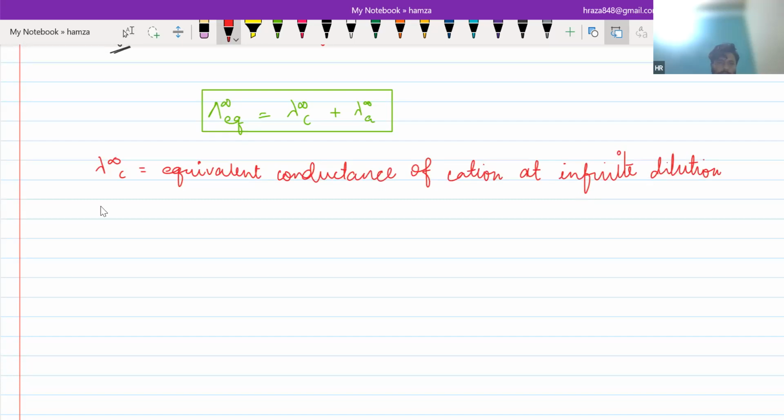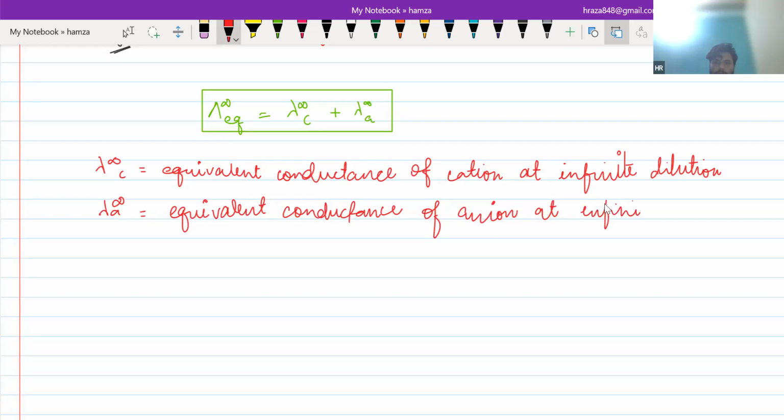And the next, lambda infinity of the anion is the equivalent conductance of anion at infinite dilution.